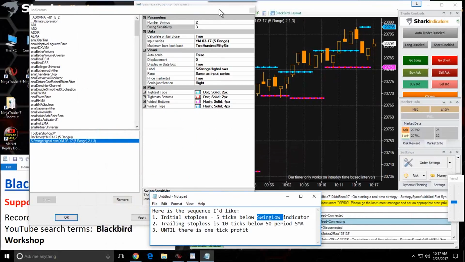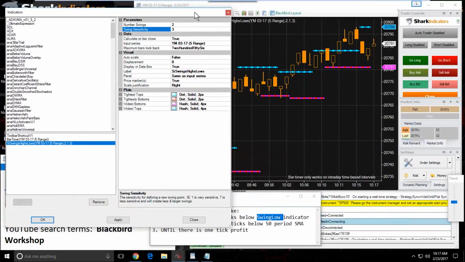So anyway, what I've done is essentially played around with the swings, highs, lows indicator on the chart, so I can see the plot results that I like for detecting the swing points. And I'll plug these settings into BlackBird now. So I just need to adjust this to 2.